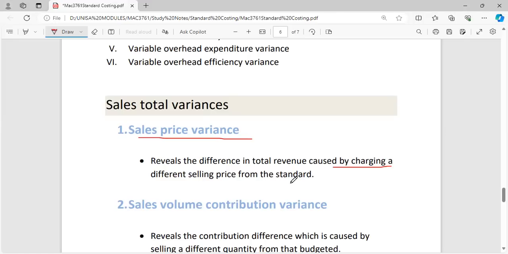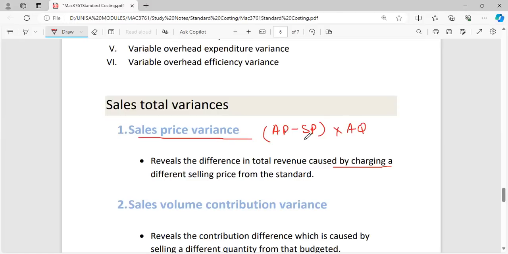So if it is a sales price variance, it's going to be actual price minus standard price, times actual quantity. What you should look at now is that it's different from cost variances.